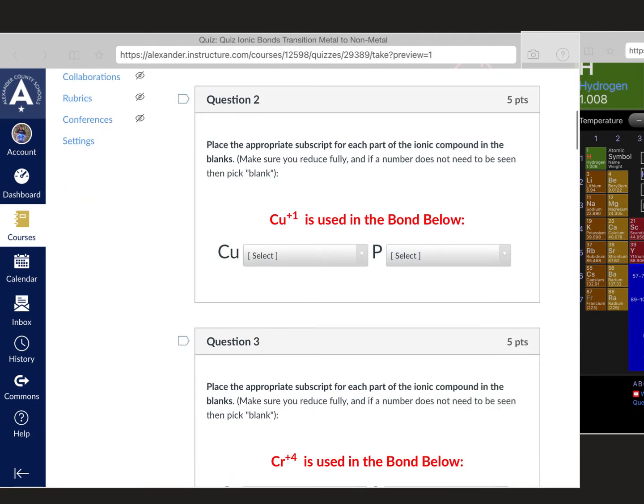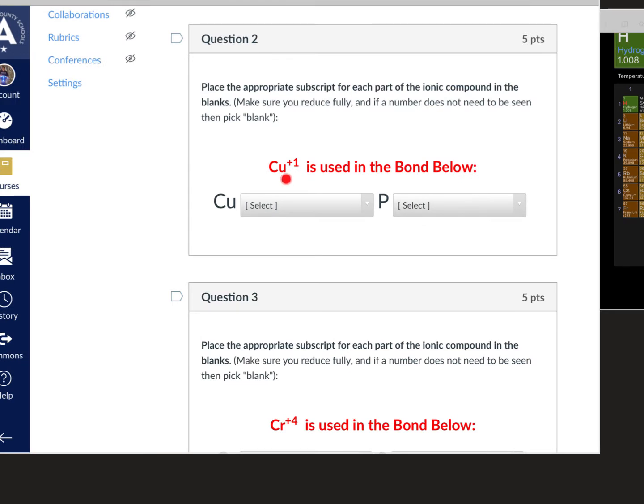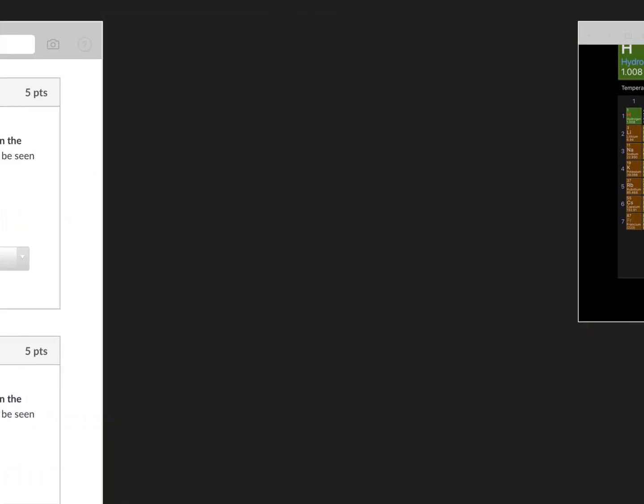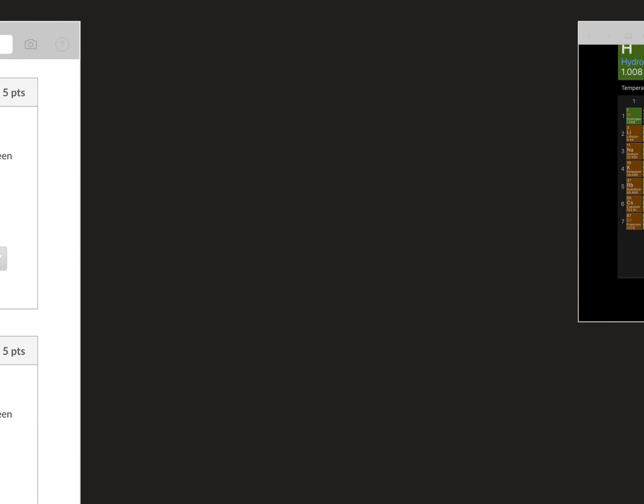Now that I have that one, I can do this next one, and I'm gonna do the same thing. As I do this next one, you see you have Cu, and it has to be +1, it's the transition element, and P. You can look on the periodic table and find out this is copper and phosphorus. Well, move that aside, but let's go ahead and write what we have.